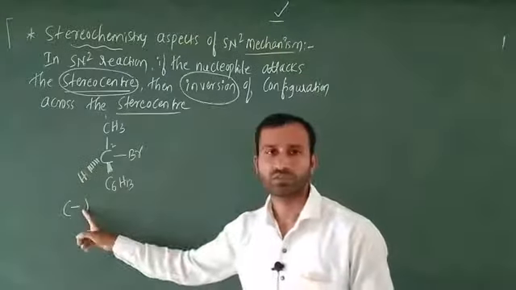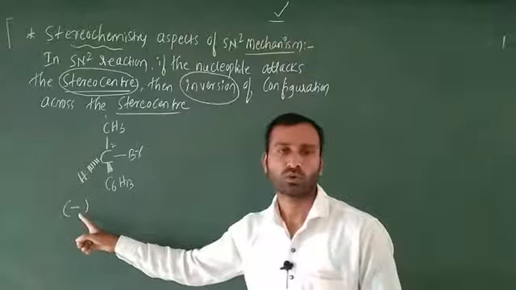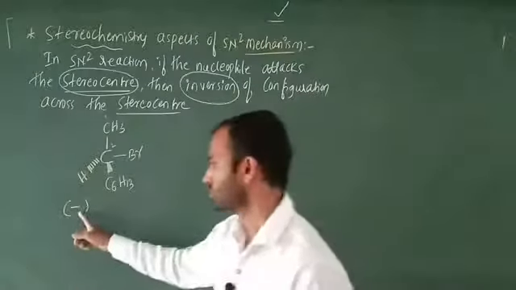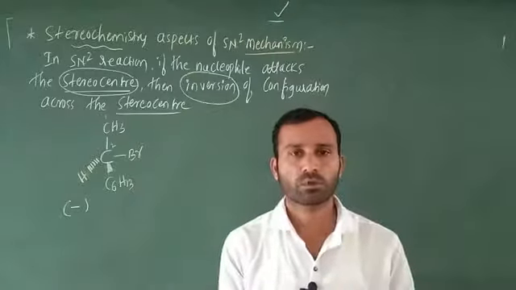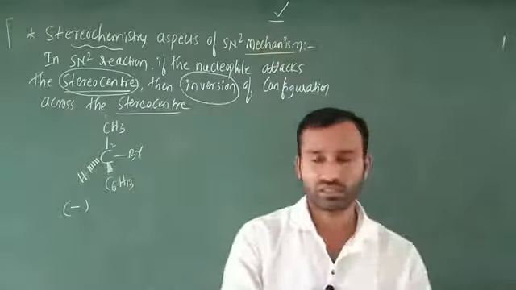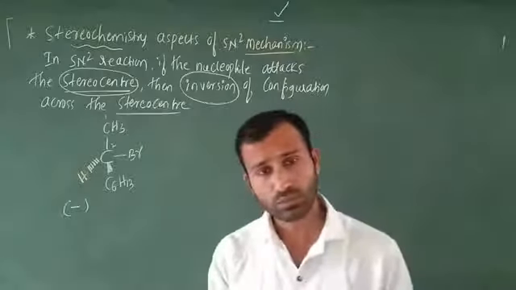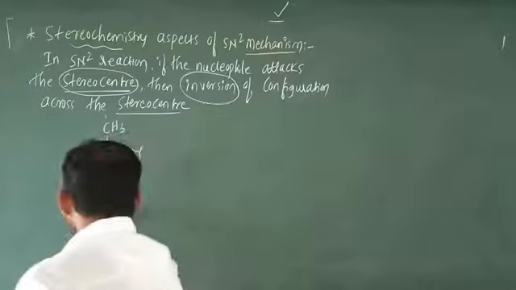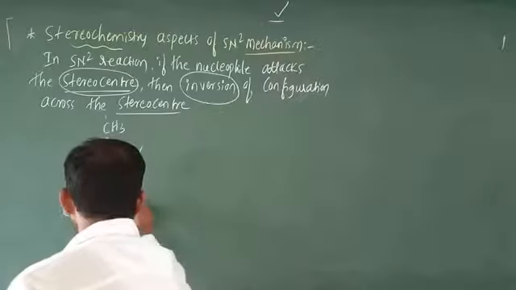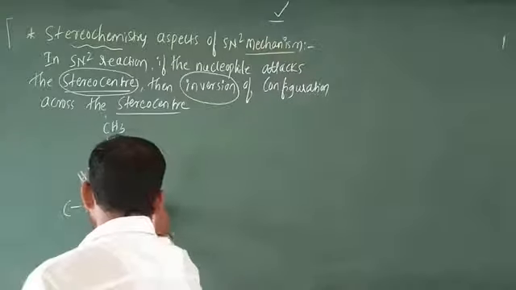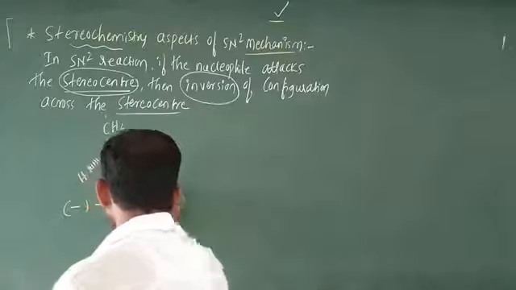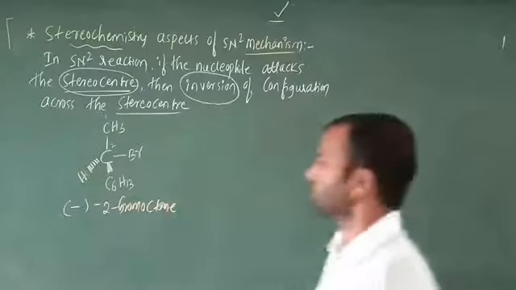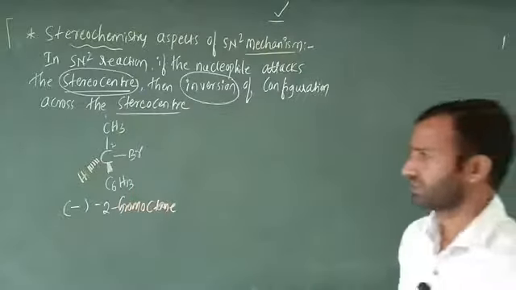Do not worry, experimentally we find this out. Just bear in mind that minus indicates the plane of polarized light rotating to the left, and if towards the right, it is positive. That is why this is 2-bromo-octane. This is the reactant.